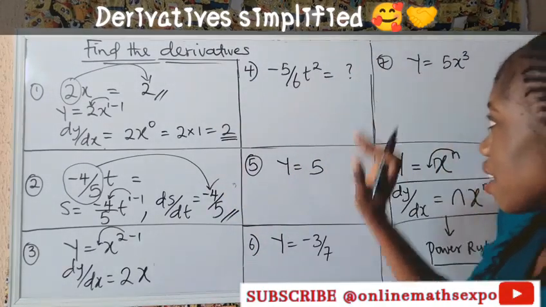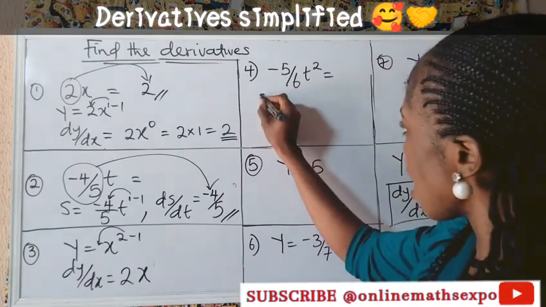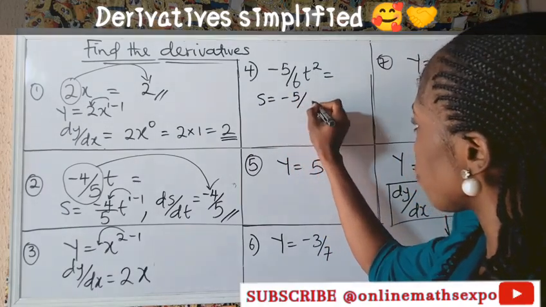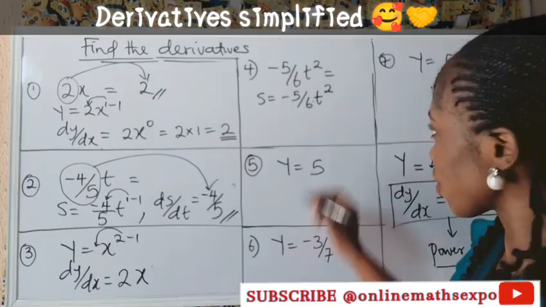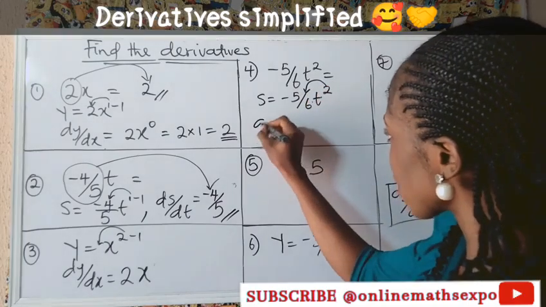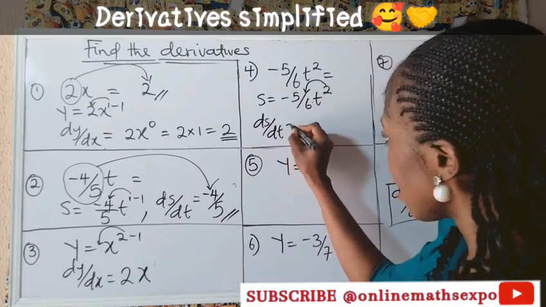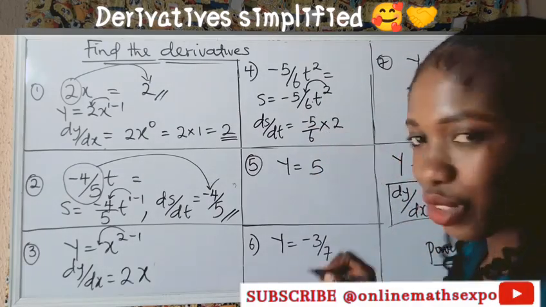Now let's move to this. If you differentiate, this is s is equal to negative 5 over 6t squared. So in our differentiation, I'm going to use this power to multiply, and that will give us ds dt is negative 5 over 6 multiplied by 2.